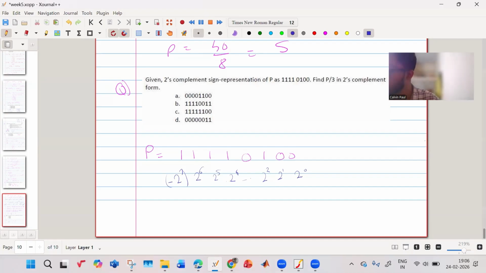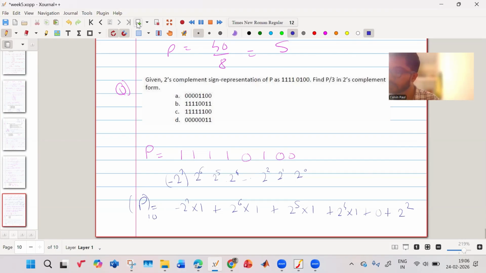So the value of P in normal representation is minus 2 to power 7 into 1 plus 2 to power 6 into 1 plus 2 to the power 5 into 1 plus 2 to the power 4 into 1 plus 0 plus 2 to the power 2. Okay, this is the value of P.